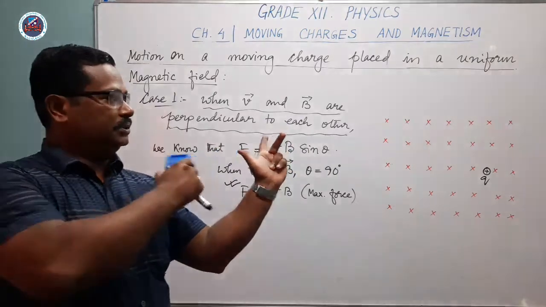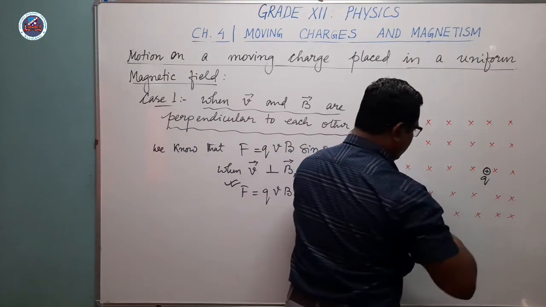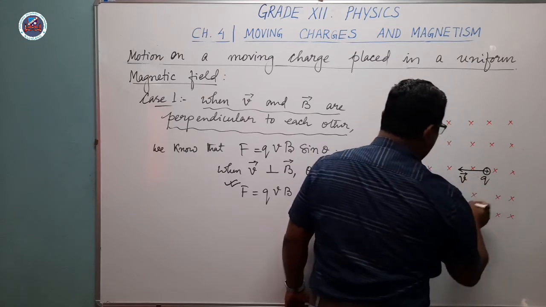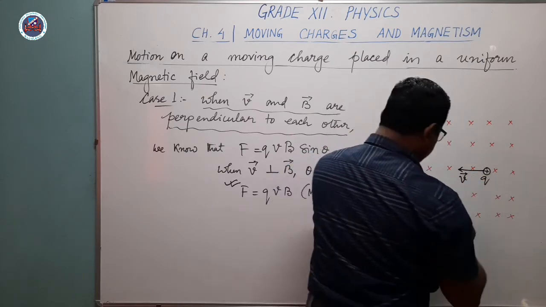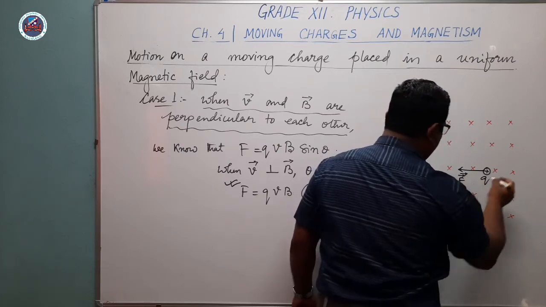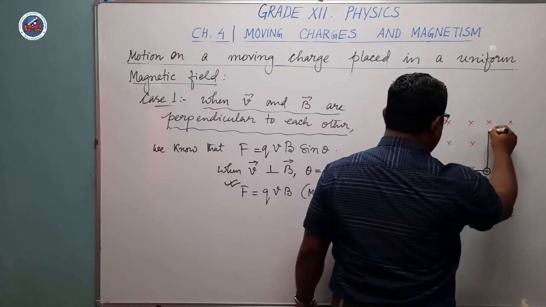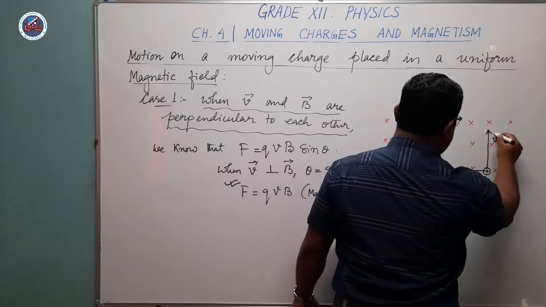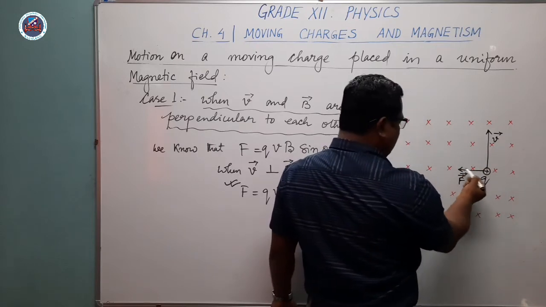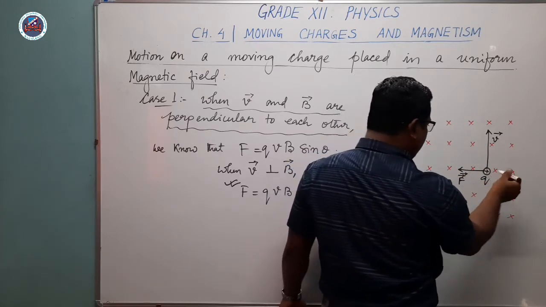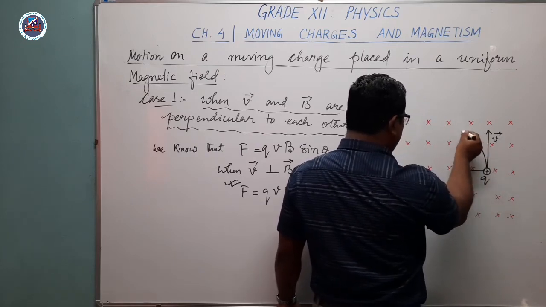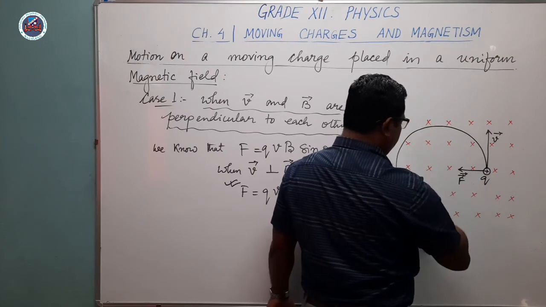The force is towards the left if V is pointing in the upward direction, like this. And as this force is towards the left and B is going inward, this particle will start to travel in a circular path, like this.